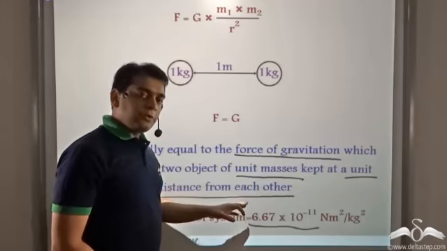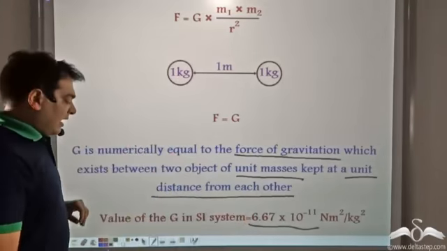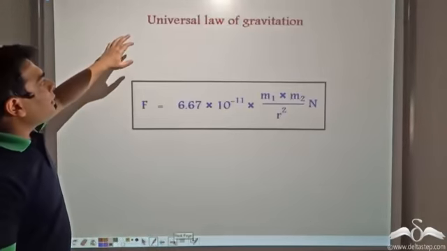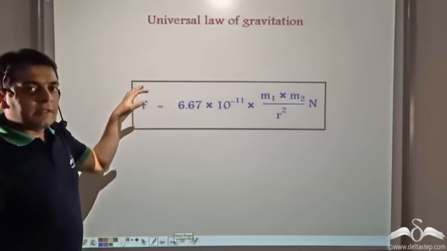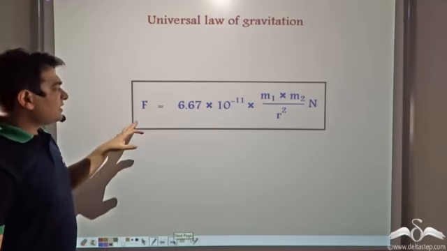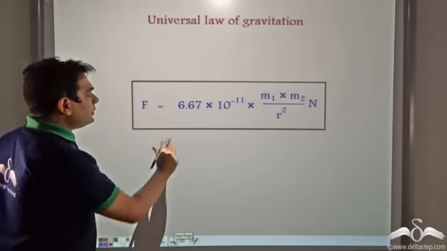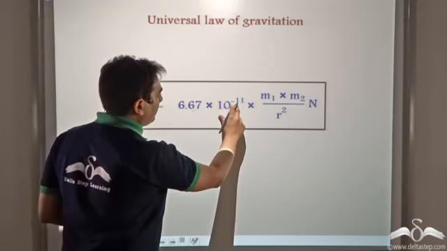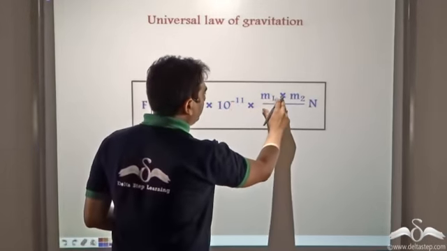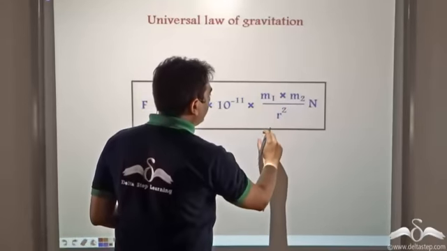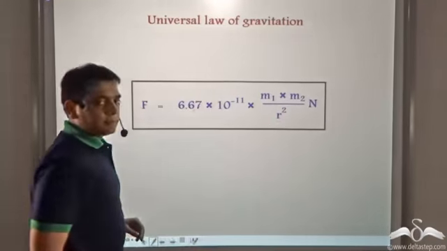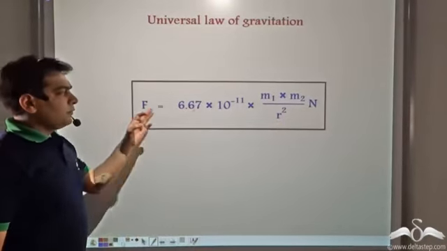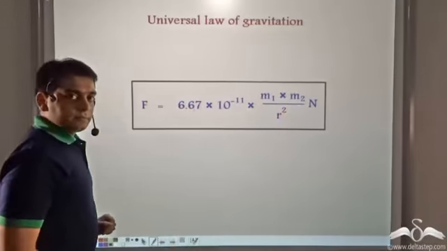Now we can substitute the value of G in F to get the universal law of gravitation in the mathematical form, which states that F is equal to 6.67 into 10 to the power minus 11 into M1 into M2 divided by R square newtons. The unit of force is newtons.